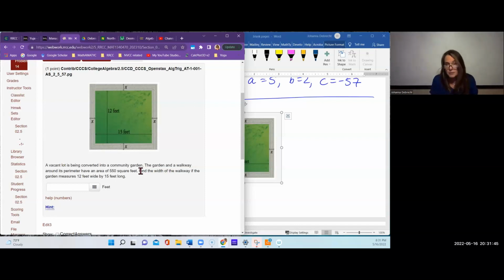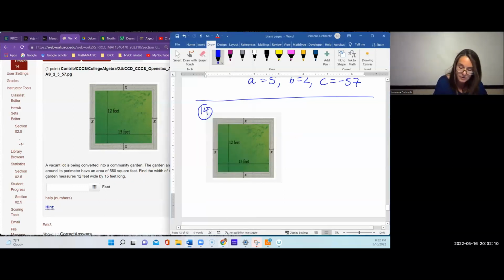For all of that information, there's nothing to write down other than to draw the picture if you didn't take a copy of it. Now the next sentence: the garden, got it, and a walkway, okay, around its perimeter, got it, have an area of 550 square feet. That I need to write down because it's a number.